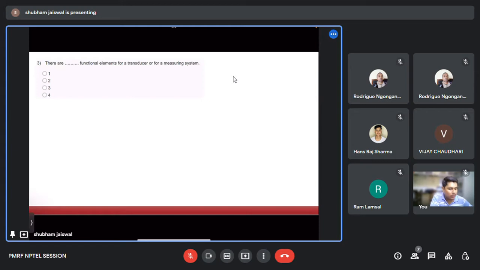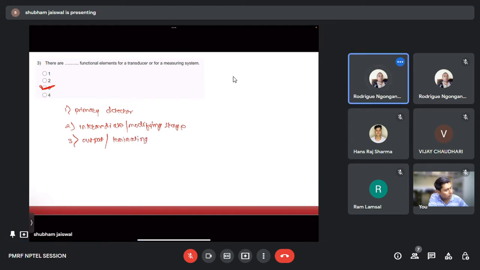Sorry, Mr. Roderick, the correct answer is 3 functional elements for a measuring system. The first one is our primary detector. Then we have the intermediate or modifying stage. And the third one is the output or terminating stage.